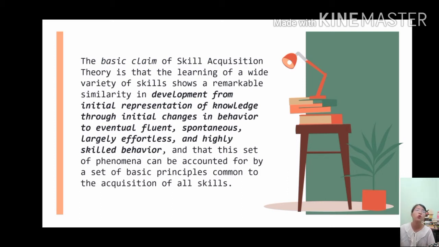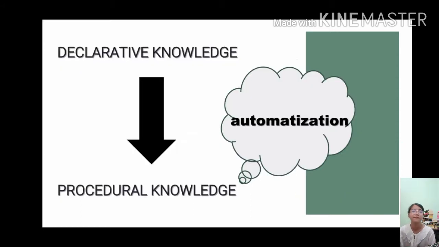Now let us look at this diagram. The development within skill acquisition theory entails the utilization of declarative knowledge followed by procedural knowledge, with procedural knowledge automatization.